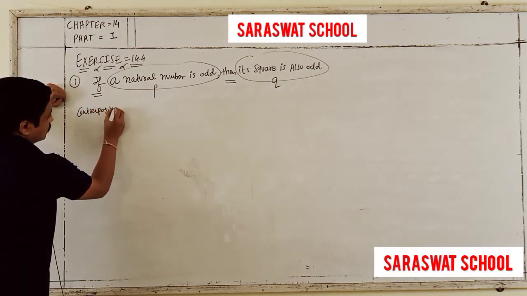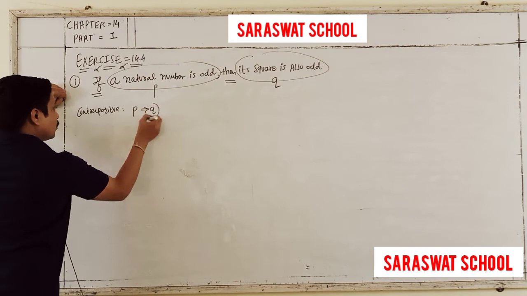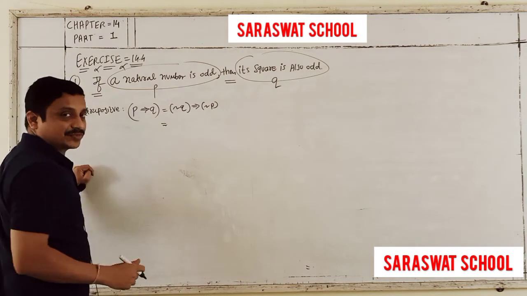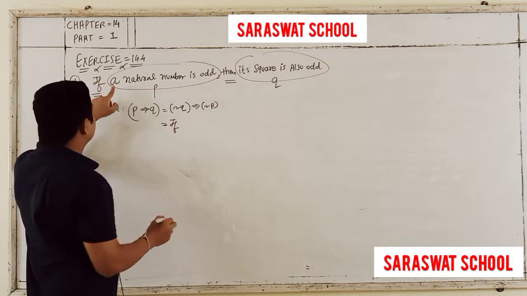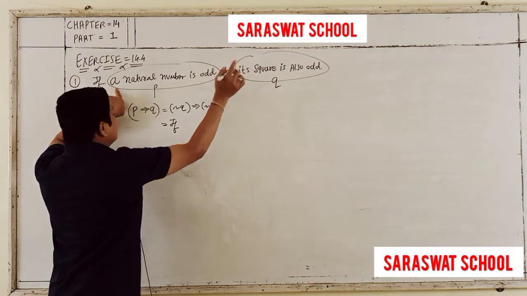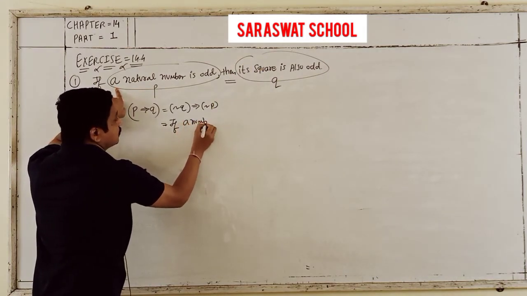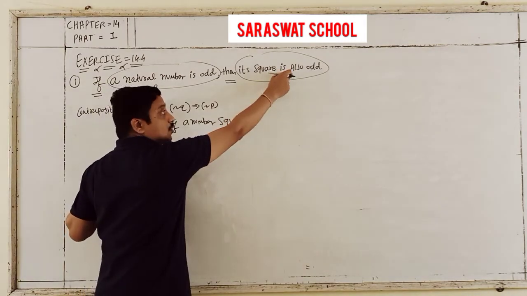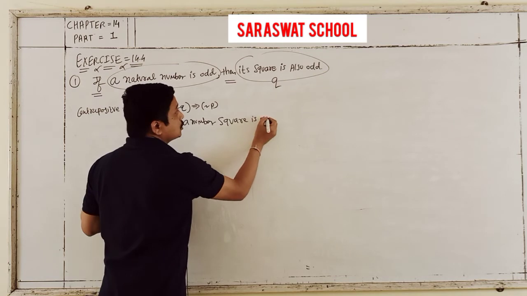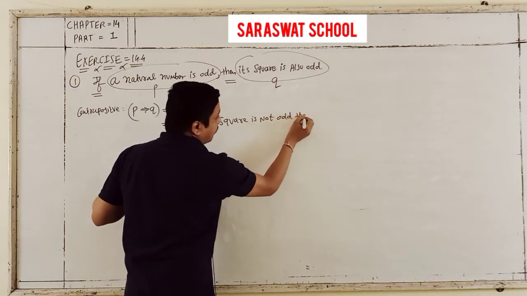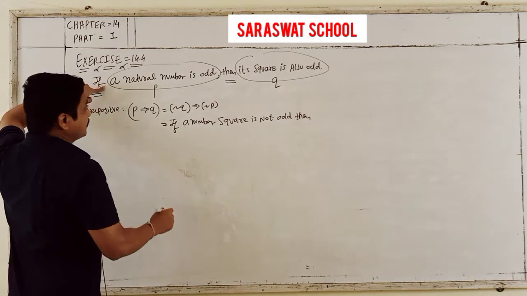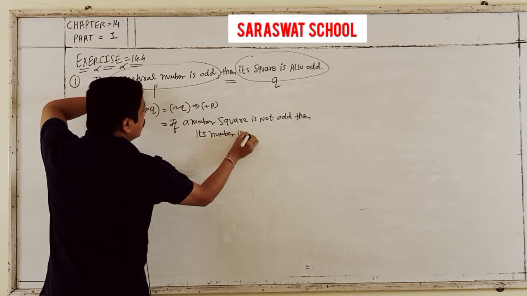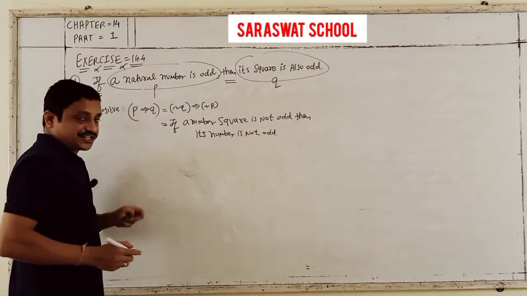Contrapositive wise, P implies Q becomes negation Q implies negation P. So write the same: if the square is not odd, then P negation, its number is not odd. That is the first line.